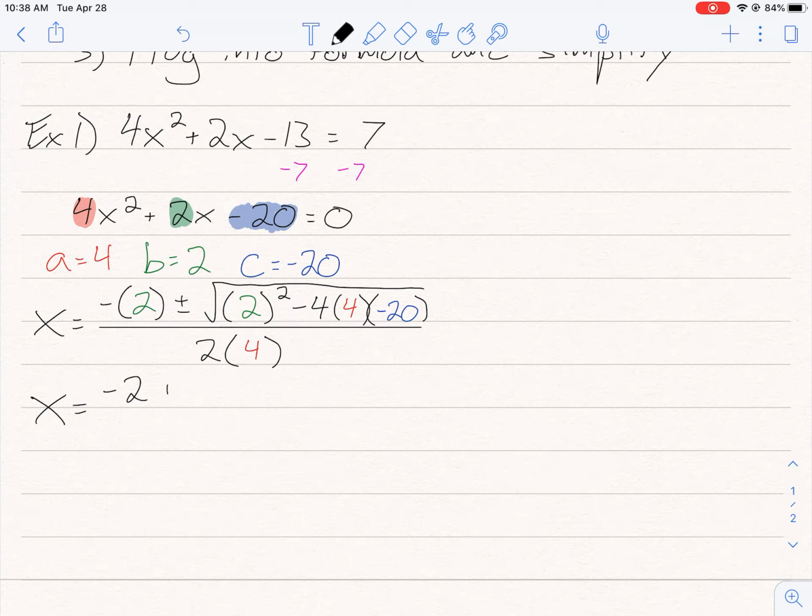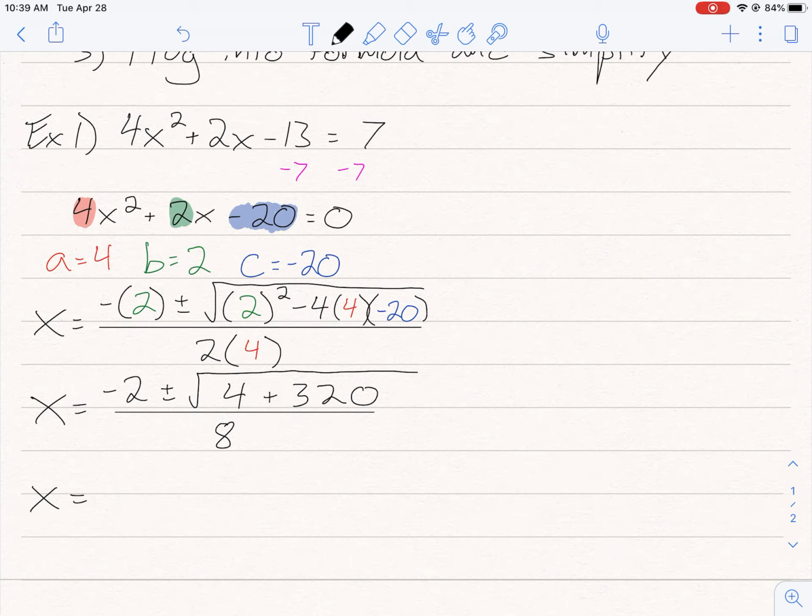I'm going to have x is equal to negative 2 plus or minus the square root of 2 squared is 4, and then negative 4 times 4 is 16, times negative 20 is positive 320, divided by, and then on the bottom, 2 times 4 is 8.